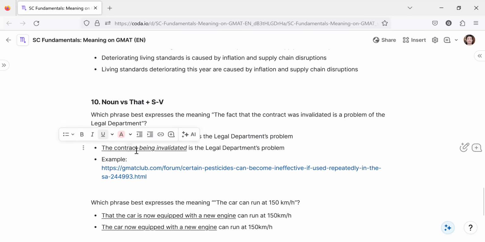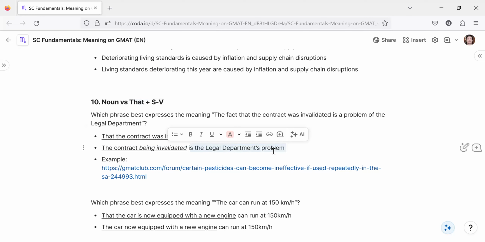But in the second sentence, the meaning becomes that the contract itself is the legal department's problem. The contract just has an additional property of being invalidated, but that's not the key thing. The contract itself is already the legal department's problem. That's the difference in meaning.